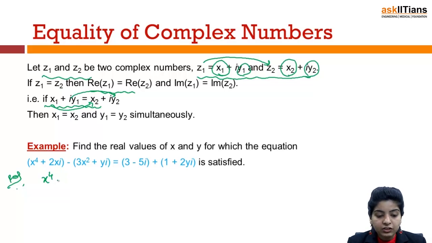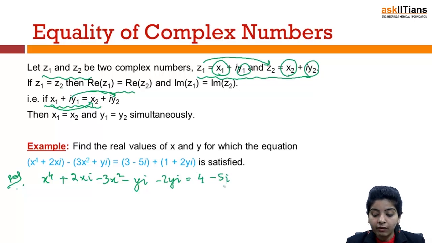So I have x^4 plus 2xi minus 3x^2 minus yi, and I'll get the minus 2yi on this side, so I have it equal to 4 minus 5i. This is what I have after rearranging the terms, and again I would try to separate the real and imaginary parts, right?